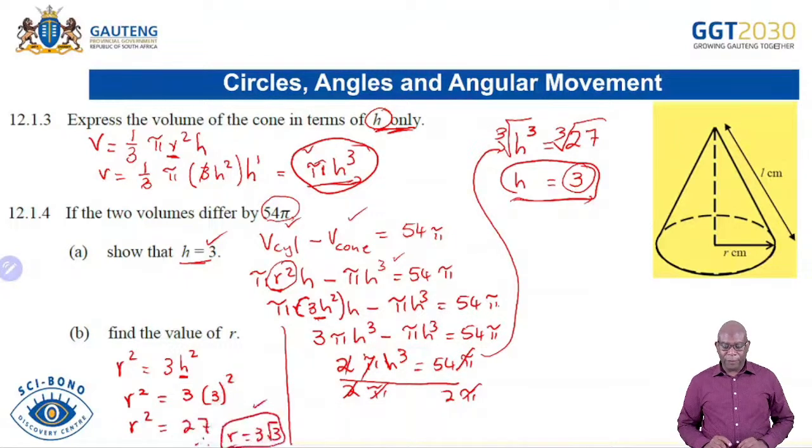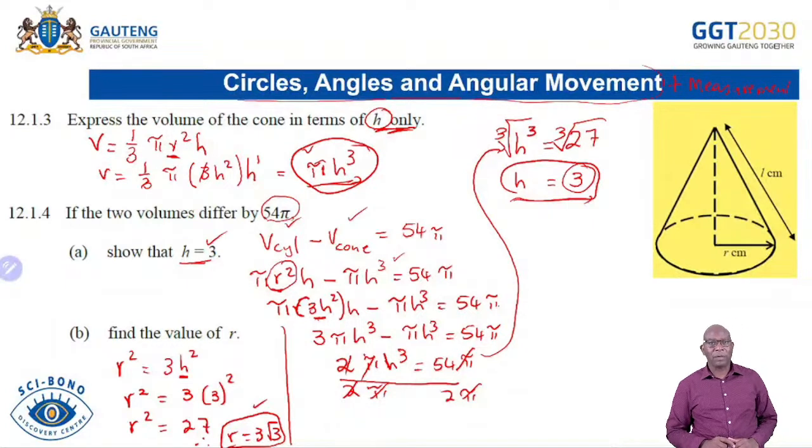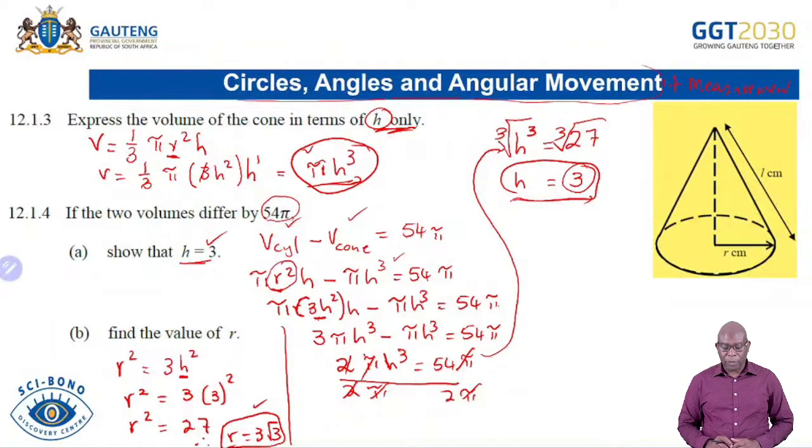So these questions, the measurement questions here, let me just write in there, it's plus measurement, because this is measurement. Your measurement questions will give you 15 marks. Your circles, angles, and angular movement will give you 35 marks. So you have that 50, and you have your Euclidean geometry, which is 40 marks.